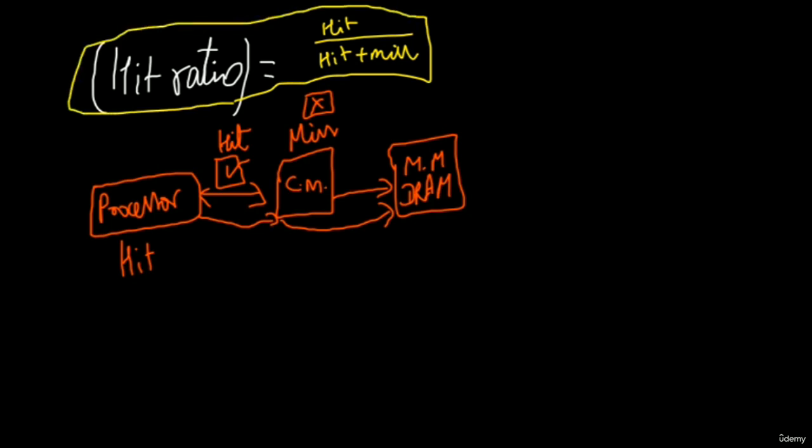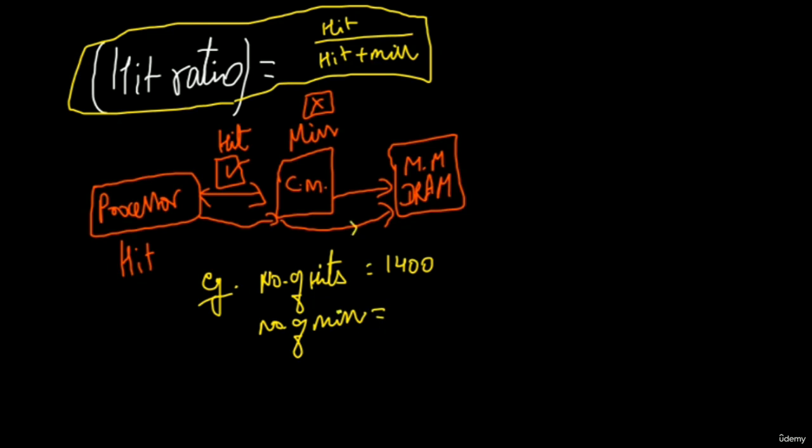Let's take an example. The number of hits, meaning the number of times the cache memory is able to give us the information, is 1400, and the number of misses, where the cache memory is not able to give the required data so we need to travel to the main memory, is let's say 100, because it's mostly able to give, so I kept the numbers as practical as possible.